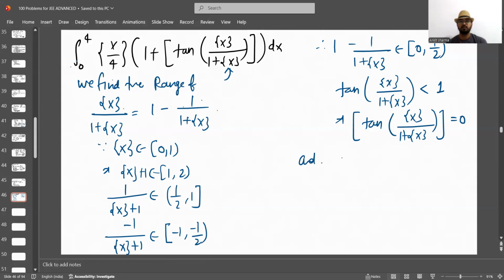And also x belongs to 0 to 4, so x over 4 belongs to 0 to 1. When any quantity belongs to 0 to 1, its fractional part will be the same as itself.